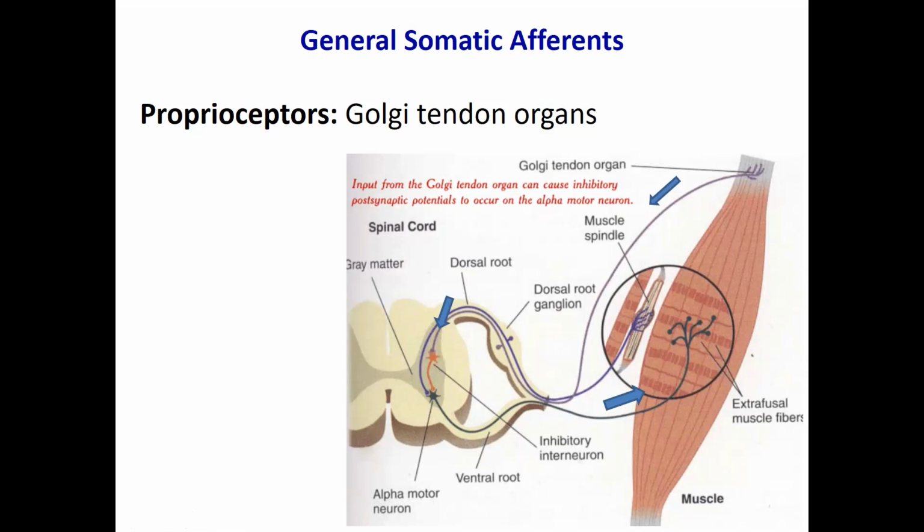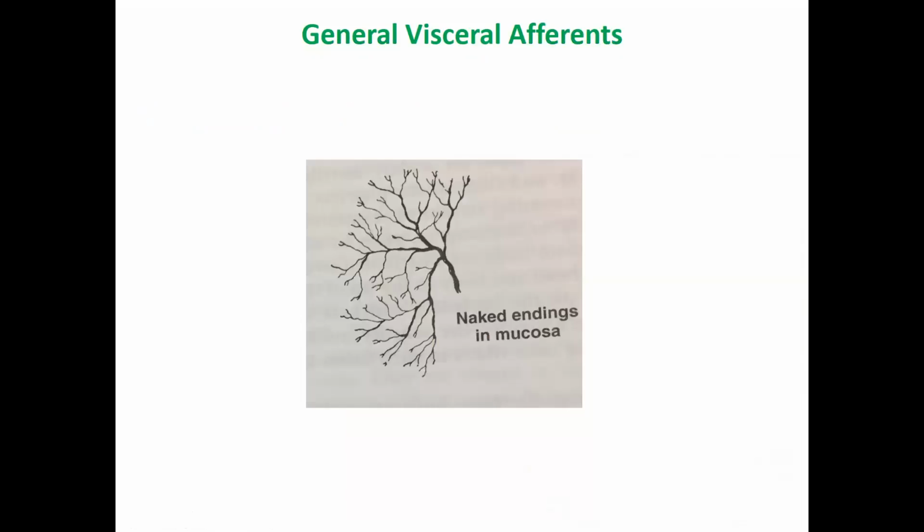Through this inhibition of the alpha motor neuron, the animal adjusts its muscle tone in accordance with the stretch sensed at the Golgi tendon organs. So this was briefly the description of the proprioceptors.